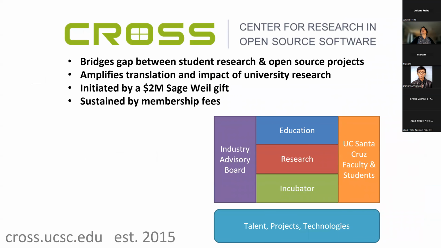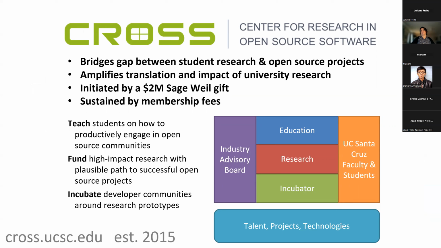Now, CROSS, just to give you a quick overview of who we are. We started CROSS in 2015, and it is part of the University of California, Santa Cruz, and specifically the Baskin School of Engineering. We were given an endowment by UCSC alumnus Sage Weil, who started the Ceph open source storage project.